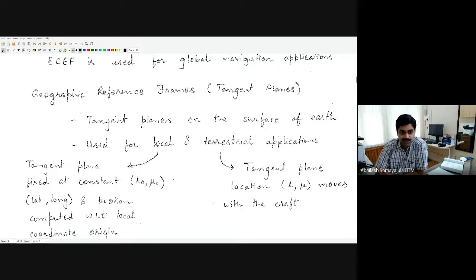Now we'll formulate some more reference frames, which we will call geographic reference frames. In essence, these are tangent planes. If you look at the surface of the Earth and take a tangent plane to the surface, that is where we define these geographic reference frames.